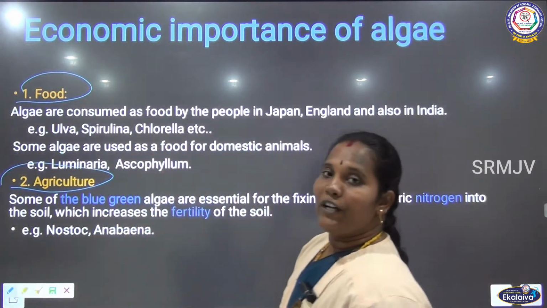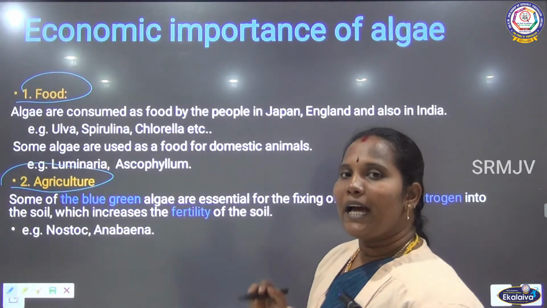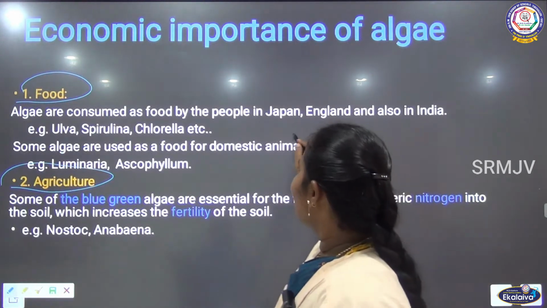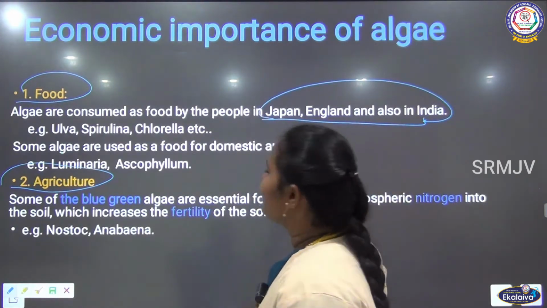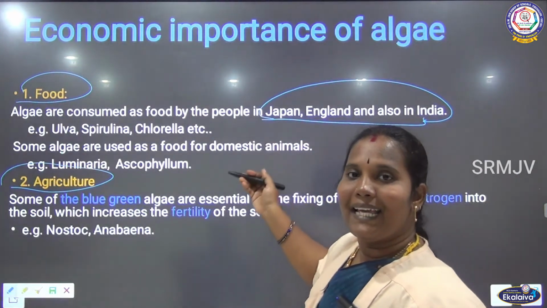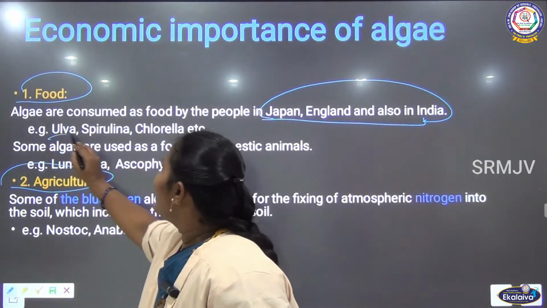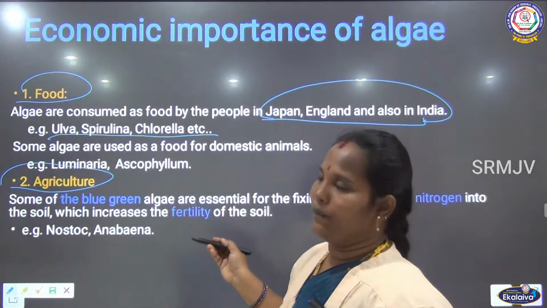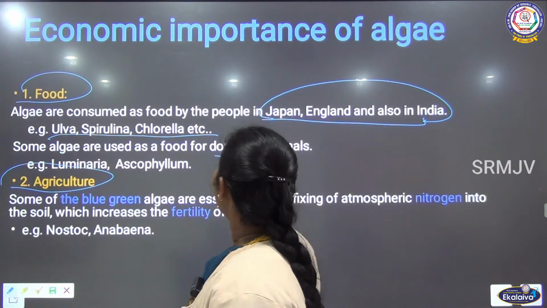Food. We know that in some countries they use algae as food. Who uses it? Japanese and English as well as Indian people. What are the examples? Ulva, spirulina, chlorella are all used as food. Okay. Some algae are used as food for domestic animals.